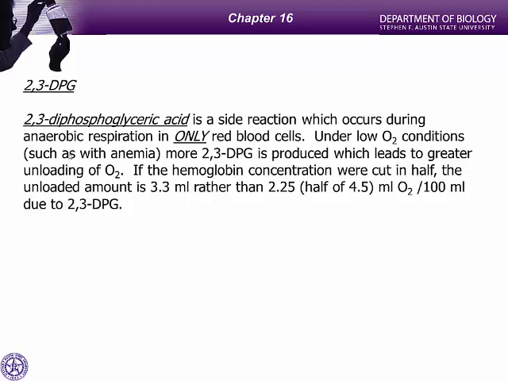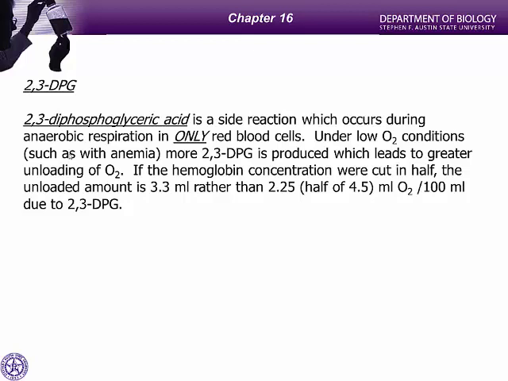Now, we also have a situation where, like our creatine phosphate in muscle, it was sort of a reserve of energy. Well, we kind of have a secondary system in play in red blood cells where in low oxygen conditions, just based on that low oxygen conditions, we can unload more oxygen.